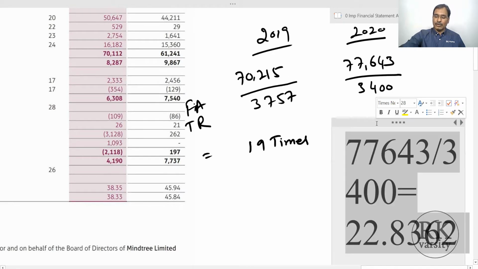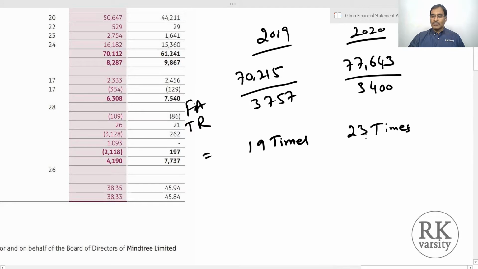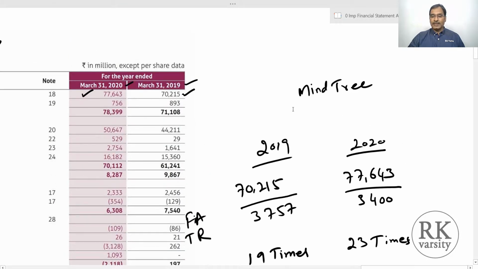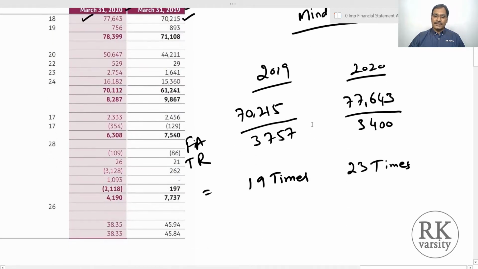This I'm rounding off, 23 times. So this clearly indicates that in case of Mindtree, an IT consulting company, the fixed assets turnover ratio is phenomenally high. In case of BHEL it is 10 times, whereas for Mindtree it is 19 times for the financial year 2019, and it was 23 times during the financial year 2020.